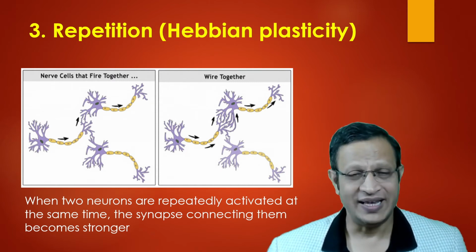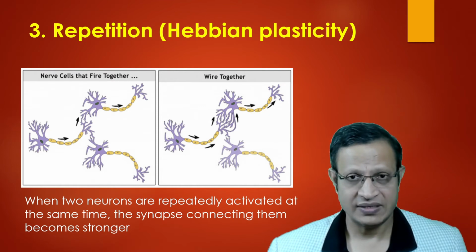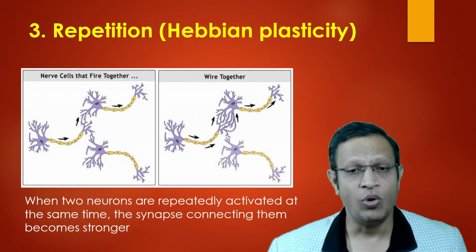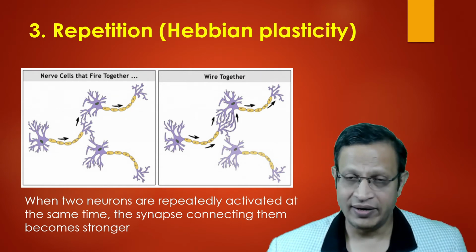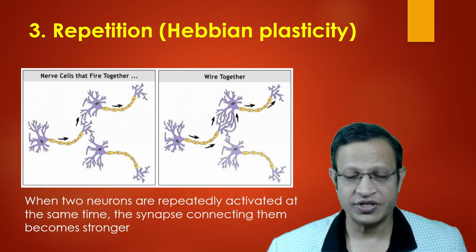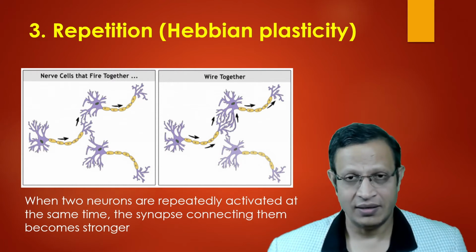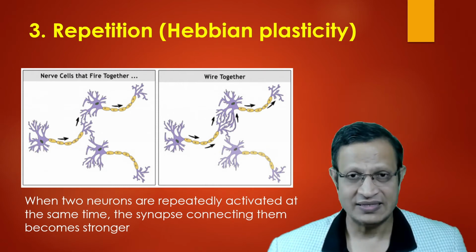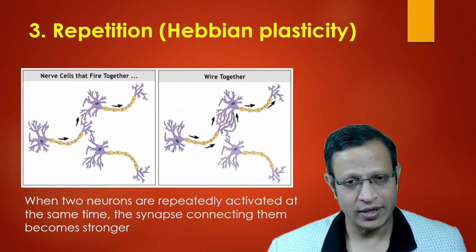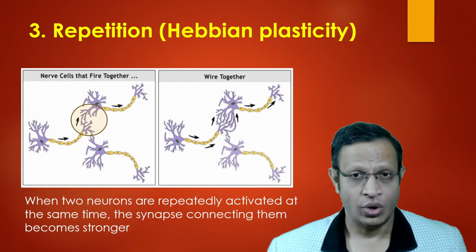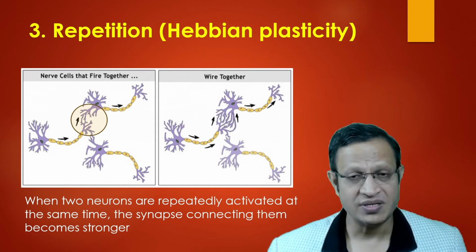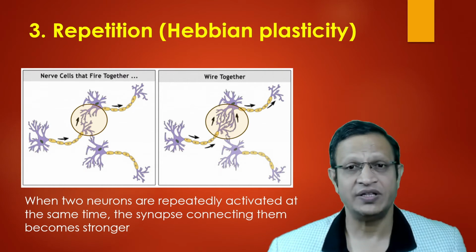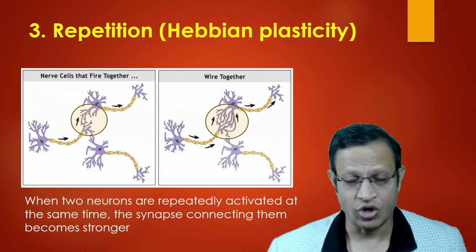That means if neuronal cells are firing repeatedly over a period of time, more connections are formed, more dendritic spines, more synaptic connections, and the signal transduction becomes strengthened, my dear friends. Hence, it is called cells which fire together, wire together. That is Hebbian plasticity, my dear friends.